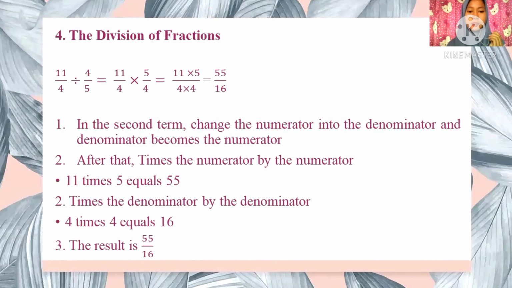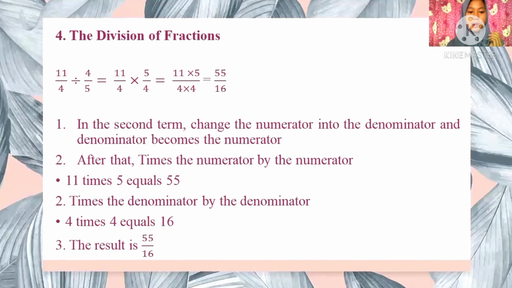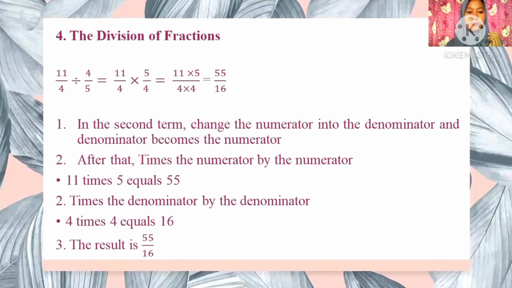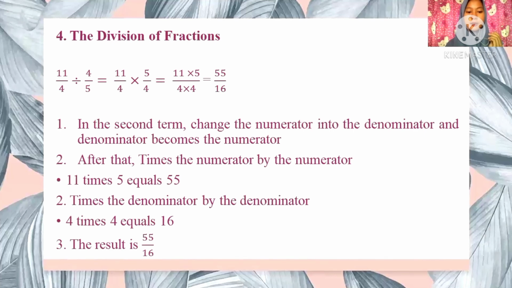After that, times the numerator by numerator. 11 times 5 equals 55. Times the denominator by denominator. 4 times 4 equals 16. The result is 55 over 16.